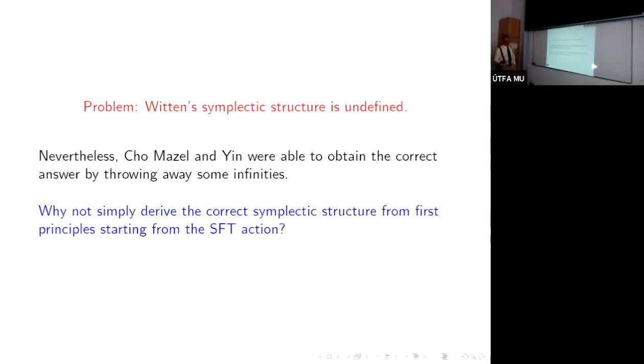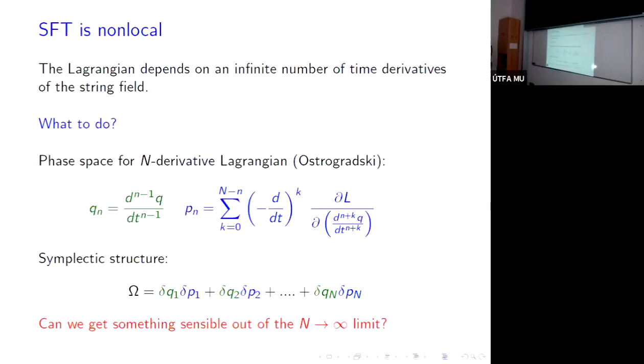Normally one can derive the symplectic structure on phase space directly by starting from the classical action. And the question is, why don't we do this in string theory? The answer is because string field theory is non-local. The Lagrangian depends on an infinite number of time derivatives of the string field.